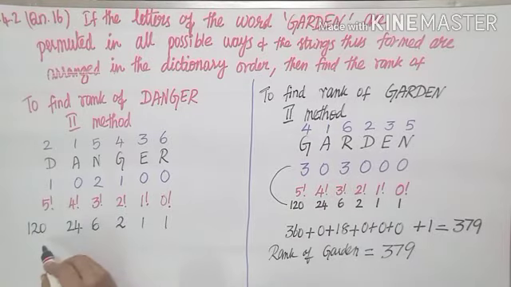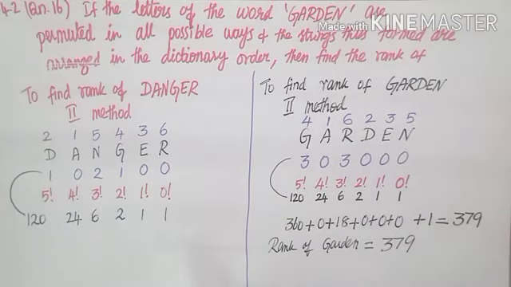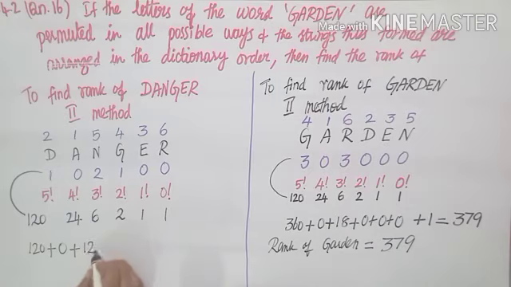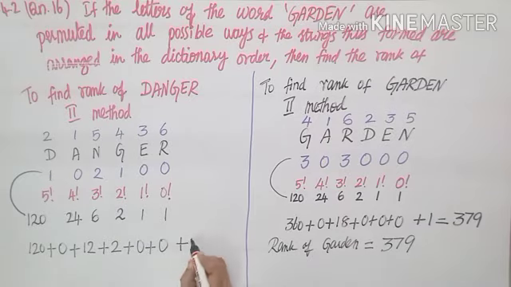As I have written, let us multiply these two. 1 into 120, I get 120. Plus 0 into 24, 0. 2 into 6, 12. 1 into 2, 2. 0 into 1, 0. 0 into 1, 0. Add 1.